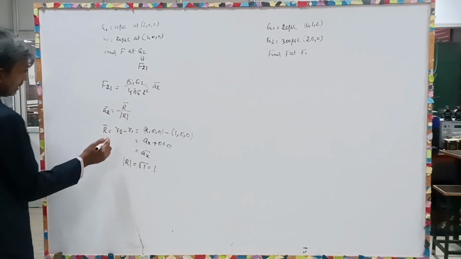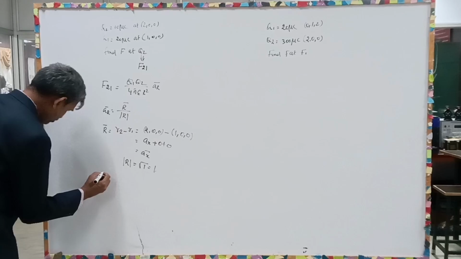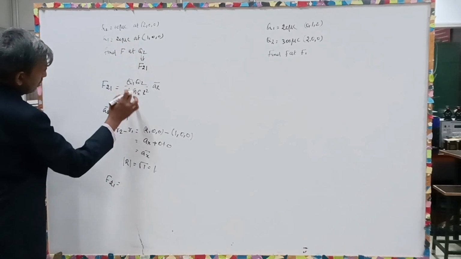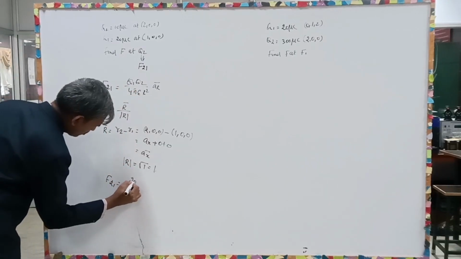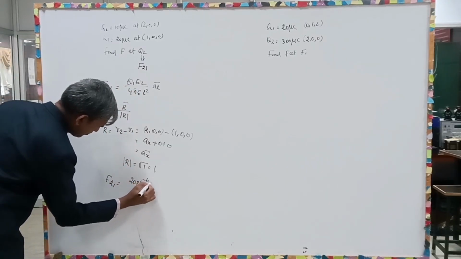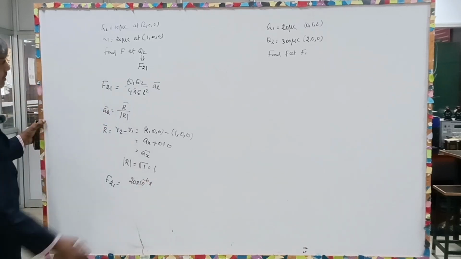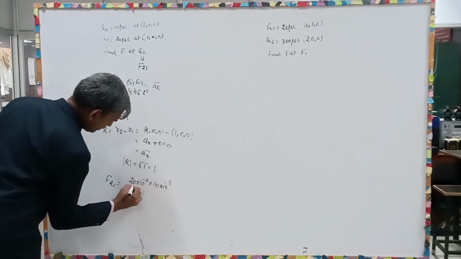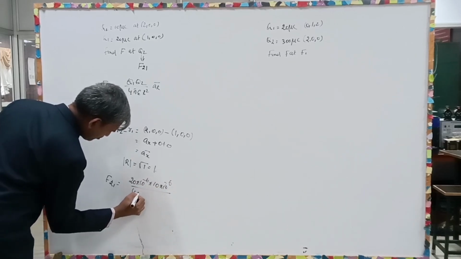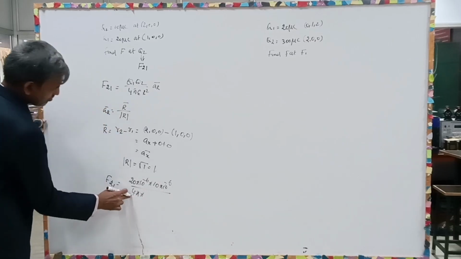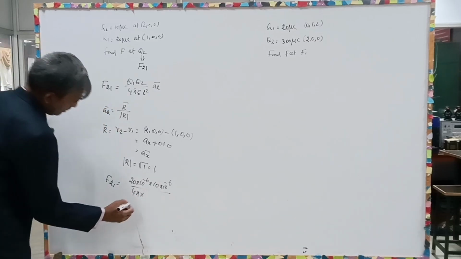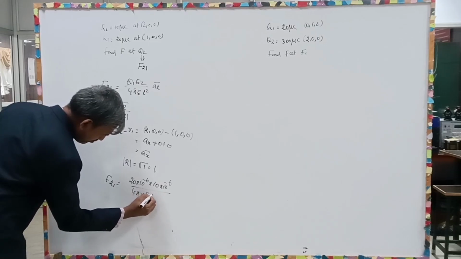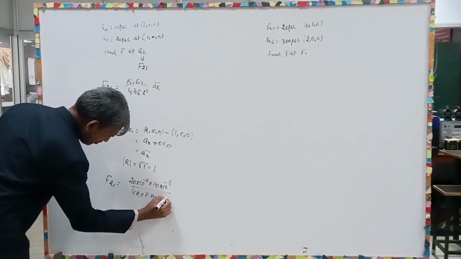So we are substituting here. F21 is equal to, the Q1 value is 20 into 10 to the power minus 6 coulomb, and Q2 is equal to 10 into 10 to the power minus 6, divided by 4 pi into epsilon, where epsilon is epsilon r and epsilon naught, so 8.854 into 10 to the power minus 12.